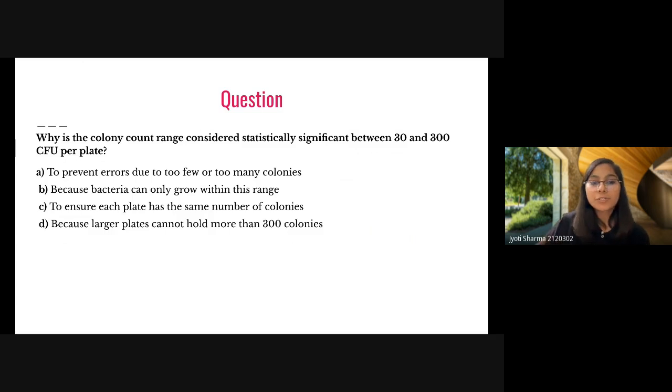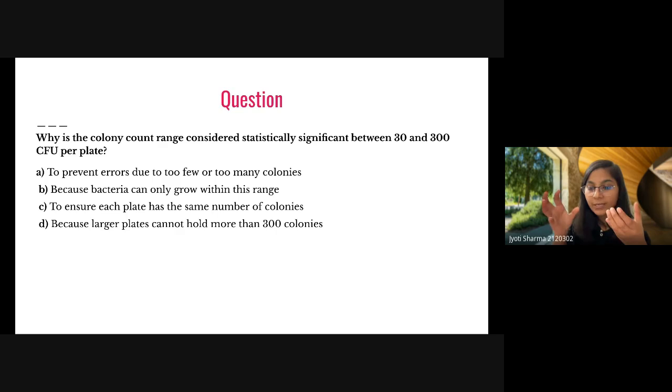Okay, the next question is, why is the colony count range between 30 and 300 CFU per plate considered statistically significant? I showed you in one figure that we are doing this dilution series. We have some bacterial colonies after one dilution.